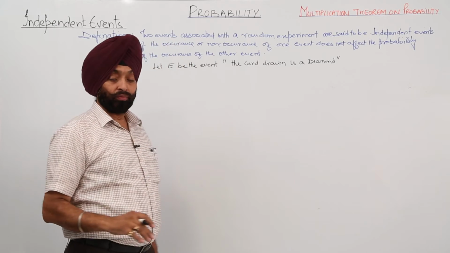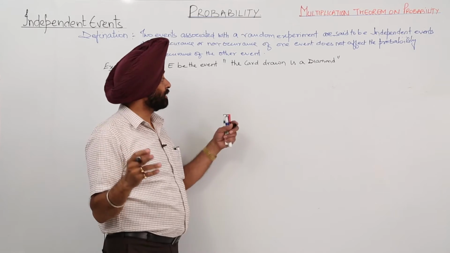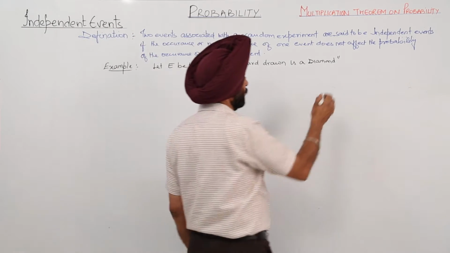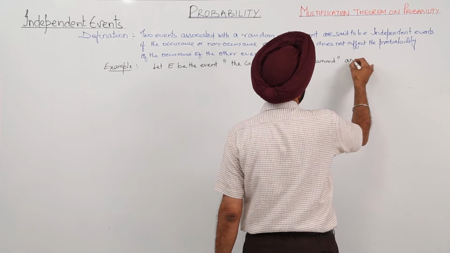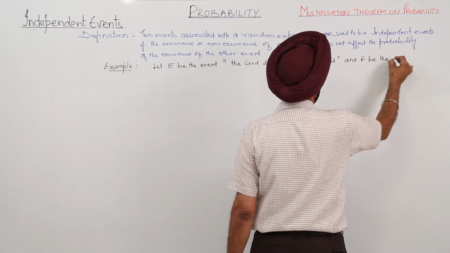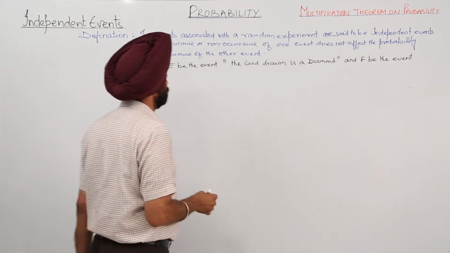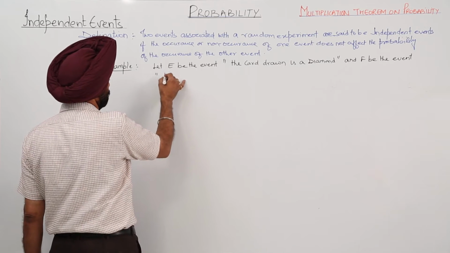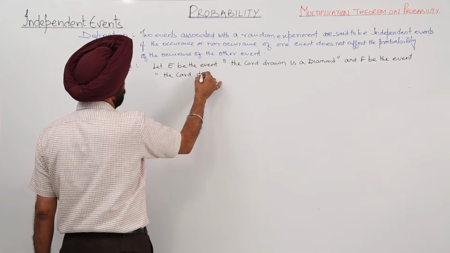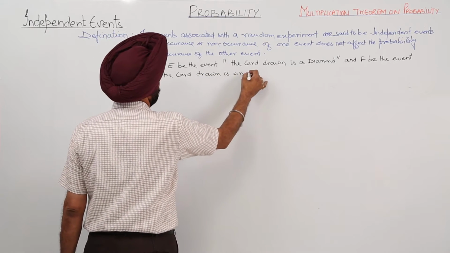Okay, from the four suits, diamond, heart, spade and club, we can take anything. So let E be the event the card drawn is a diamond and F be the event the card drawn is an ace.